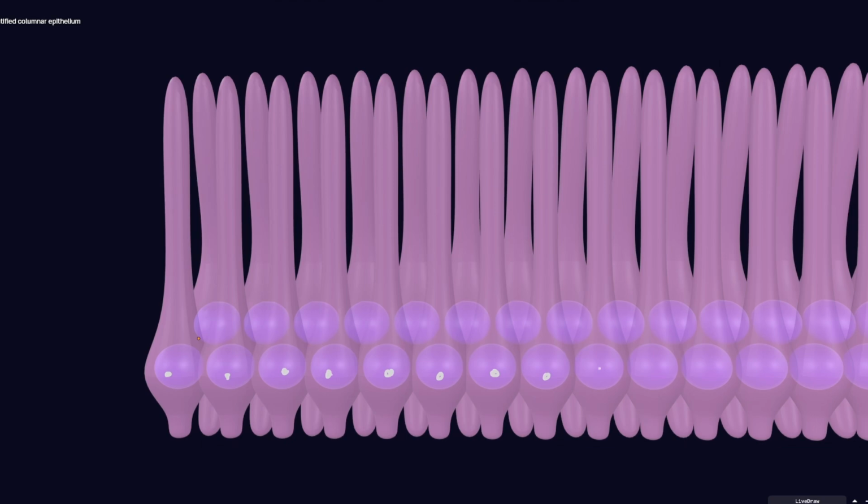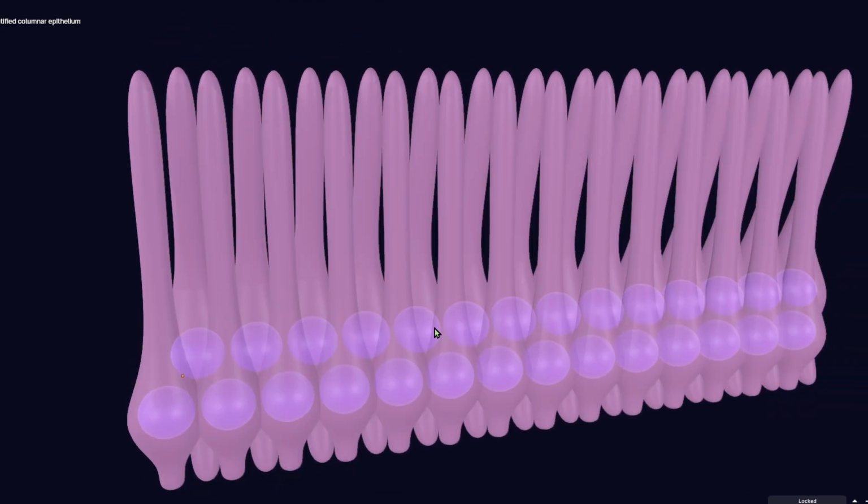They look like this is one layer of nuclei, and then there is another layer of nuclei. So it looks like this is stratified squamous, not squamous, basically columnar. So it looks like it is stratified columnar, right? But it is actually not stratified. Let me show you and let me explain to you why it is not.